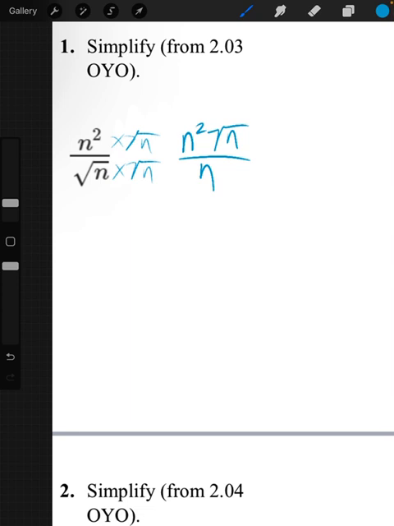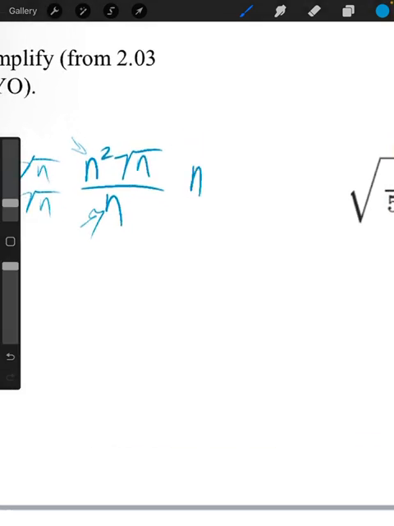Hopefully that makes sense. Probably doesn't, but whatever. So this n right here will cancel out an n at the top. So then we have n times the square root of n.